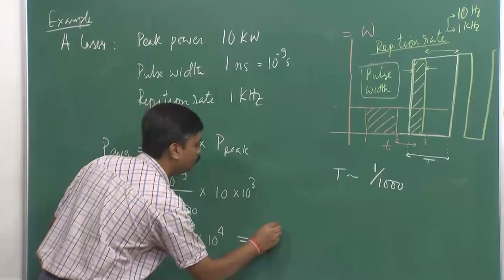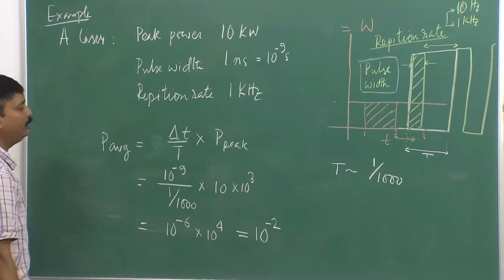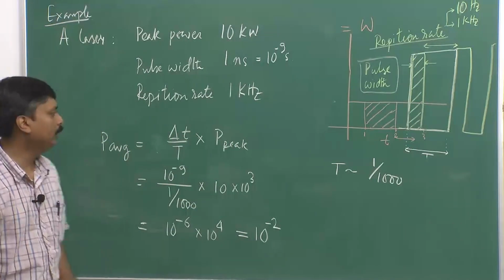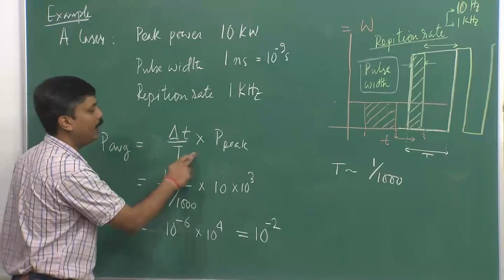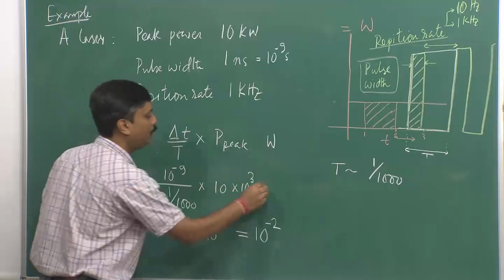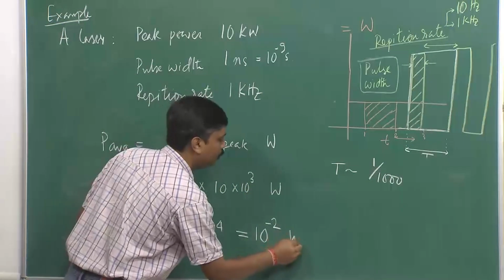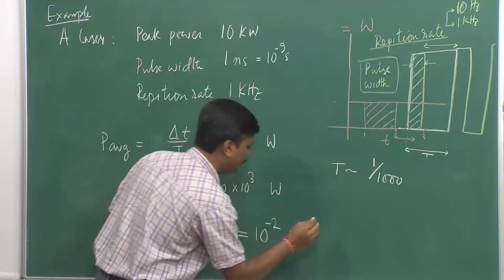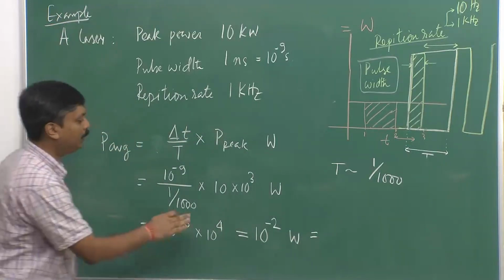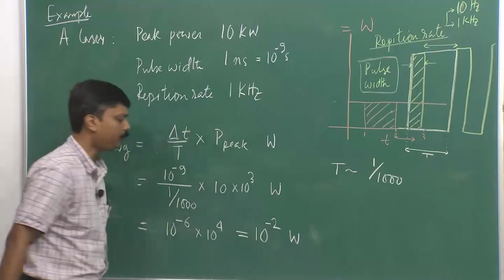10 power 2, and if we look at the dimensionality, then this is time and this is watt. So, ultimately my dimension will be always watt. So, I can write 10 power minus 2 watt, right.